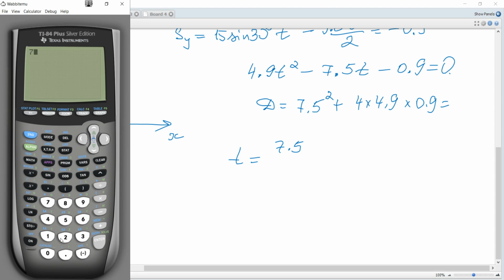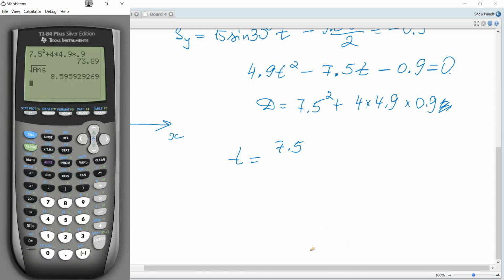So let's calculate the value of the discriminant. So it's 7.5 squared plus 4 times 4.9 times 0.9 and the square root of the answer is this.